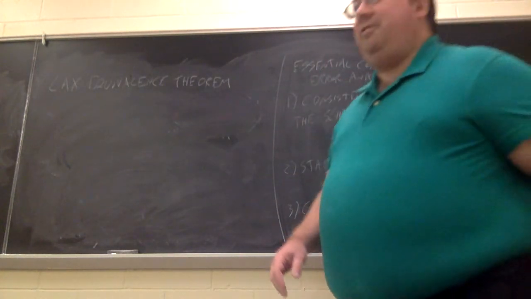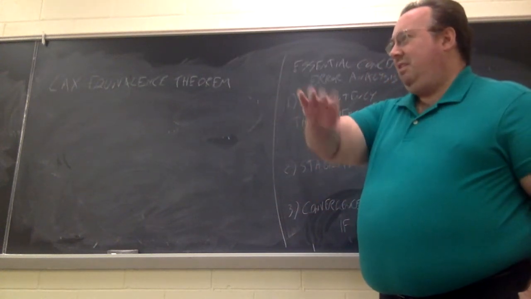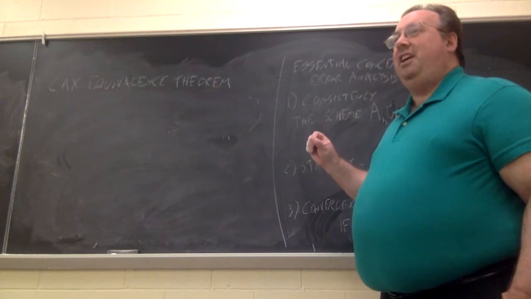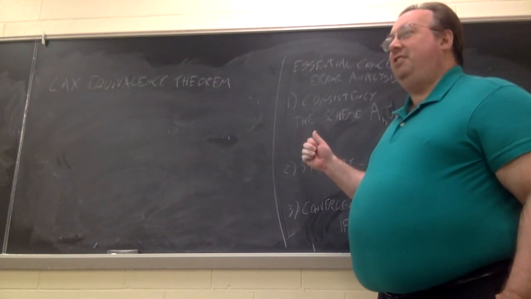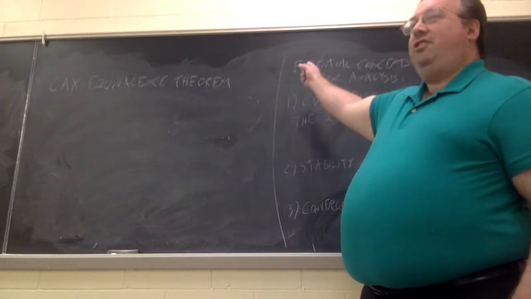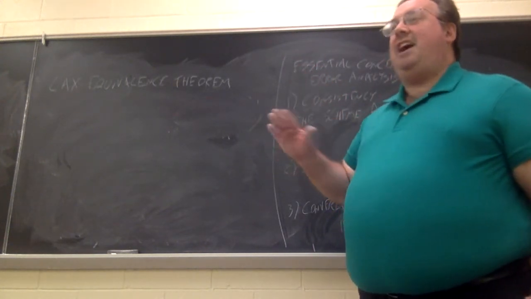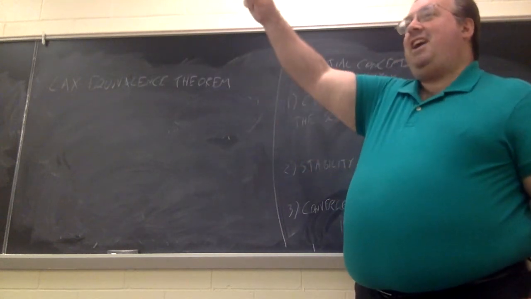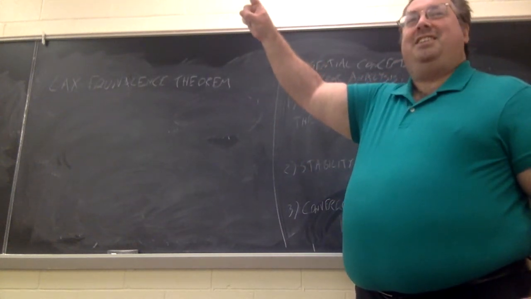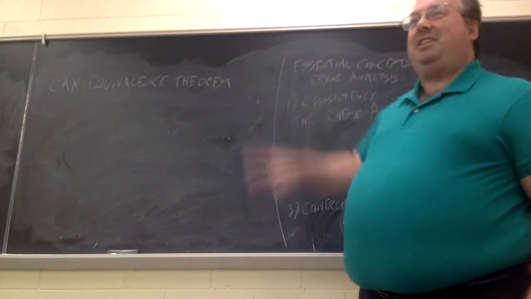I figured you'd point either on the transparency or on the screen, or use a long pointer. He did neither. He would point out into the air so that his shadow would show up on the screen at the correct spot.